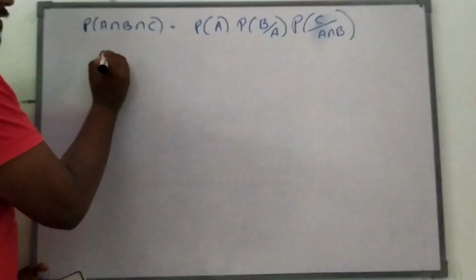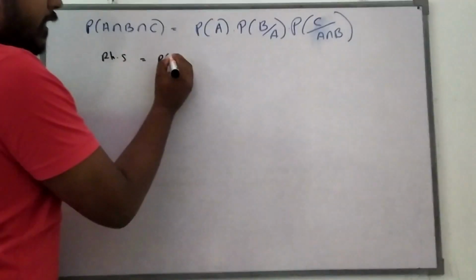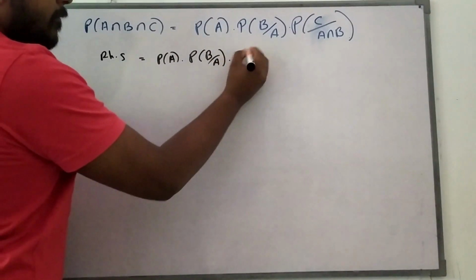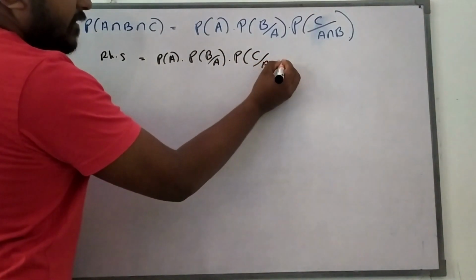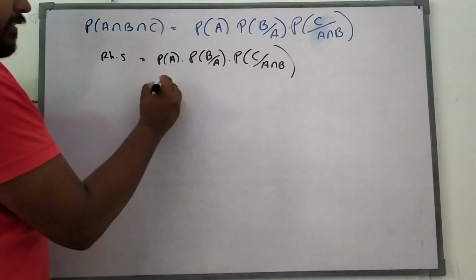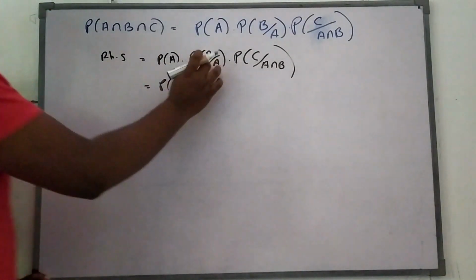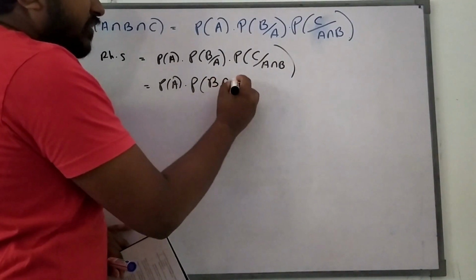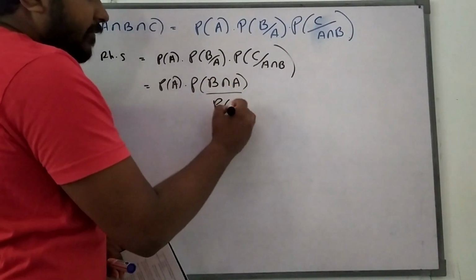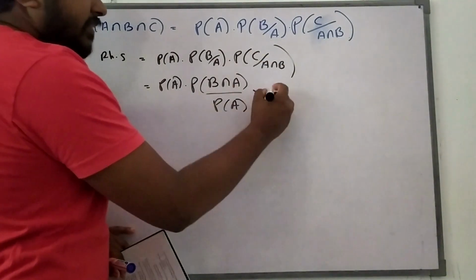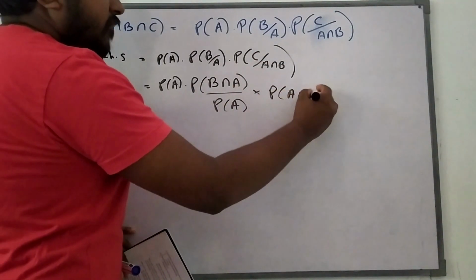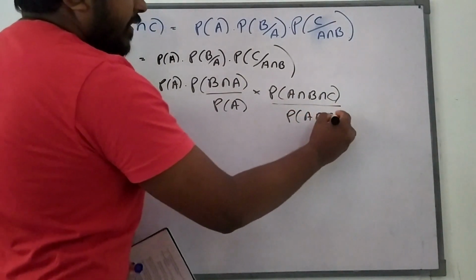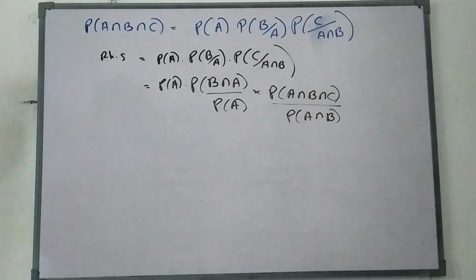The right hand side we had P(A) P(B over A) P(C over A intersection B). This is P(A) times P(B intersection A) over P(A), and then P(A intersection B intersection C) over P(A intersection B), under the conditional probability definition.